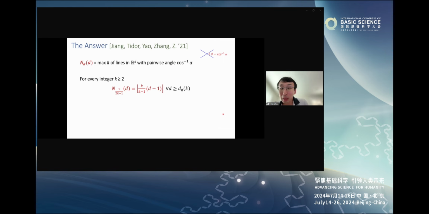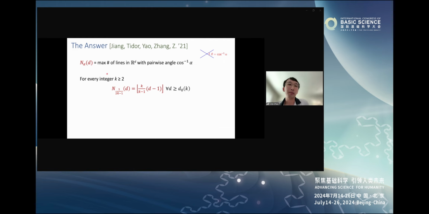Okay, so it's a theorem, so I should tell you what is a theorem, although the actual formula may be not that important, but I should tell you anyway, so bear with me. So let me tell you exactly what the answer is. But more importantly, I want to explain how to think about the answer and what are some of the ideas that are involved. So the notation we call n sub alpha of d is the maximum number of lines in d dimensions with pairwise angle arc cosine of alpha.